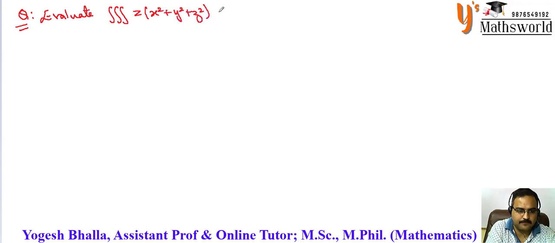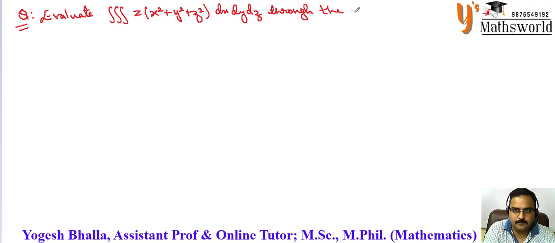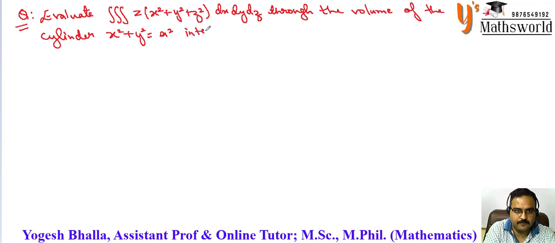The question is: evaluate the triple integral of z times (x square plus y square plus z square) dx dy dz through the volume of the cylinder x square plus y square is equal to a square, intercepted by the planes z is equal to 0 and z is equal to h.